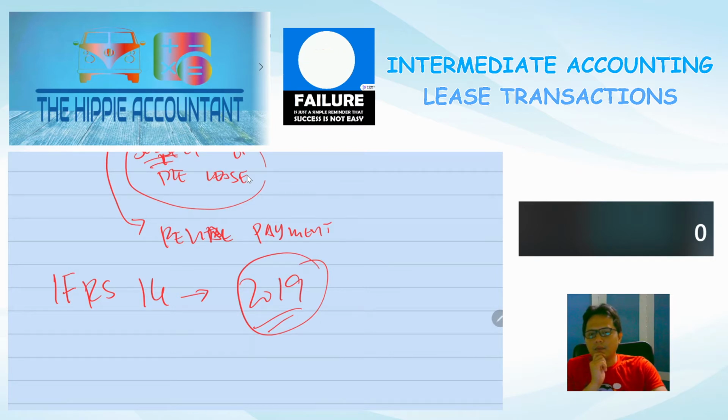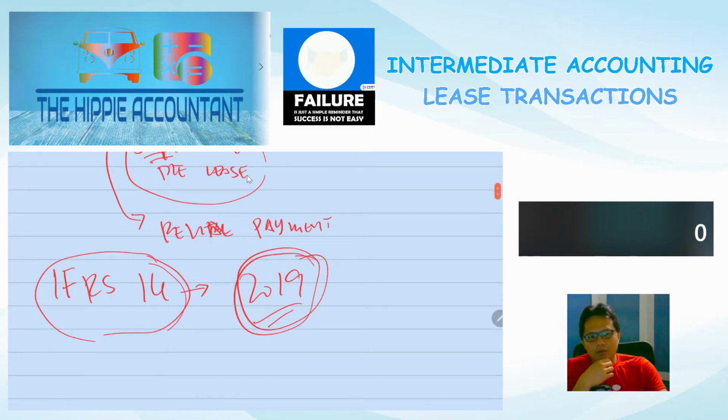In 2019 lang, so fresh pa talaga. Kaya nga, ang concept na to ngayon ng lease is, kumbaga, iba yung lease na natutunan, especially namin, nung kapanahunan namin, kaysa ngayon. Kasi nga, may bagong standard tayo dito, itong IFRS 16, which took effect on January 2019.